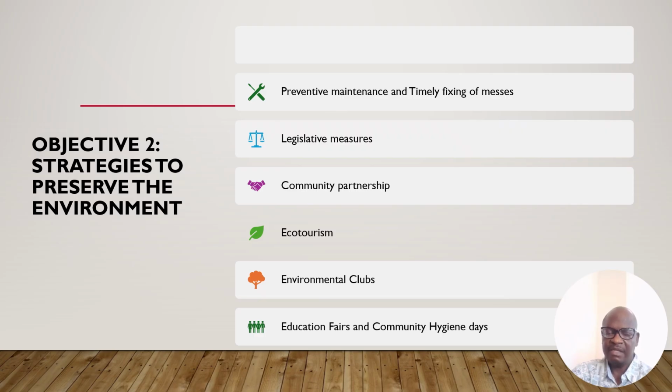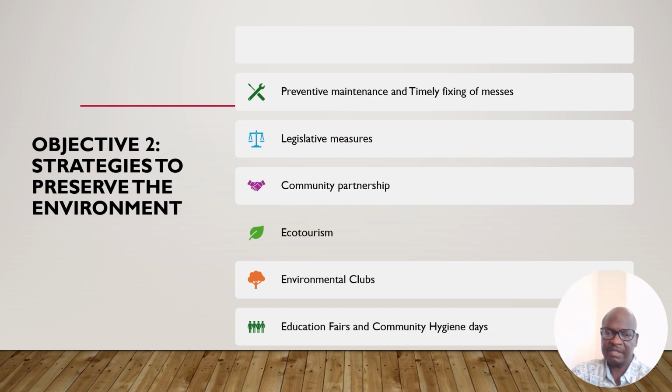Secondly, the administrative units can create laws and regulations where those that violate are punished for destroying the environment. As members of the community, we can enter into partnership with the government, whether local or federal, to ensure that we preserve our environment.